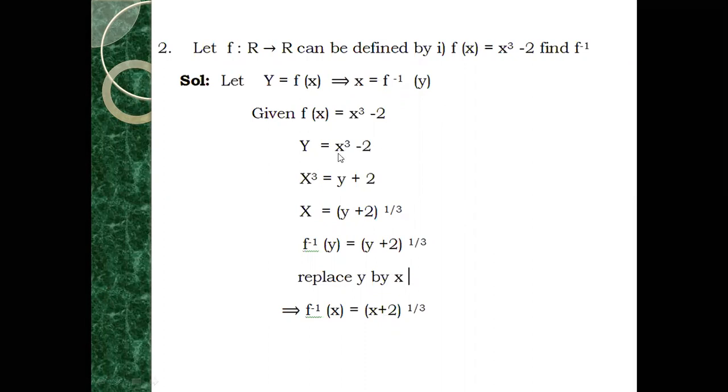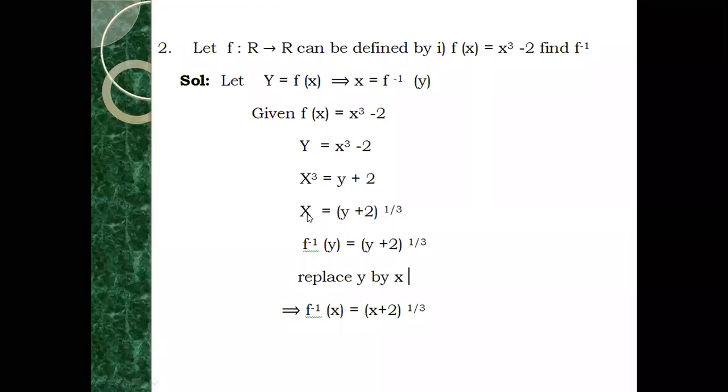So from this we get the value of x. So x cube is equal to y plus 2. Okay, so now we have to find the x value. We apply the power 1 by 3rd on both sides. So x cube whole power 1 by 3rd is equal to y plus 2 whole power 1 by 3rd.